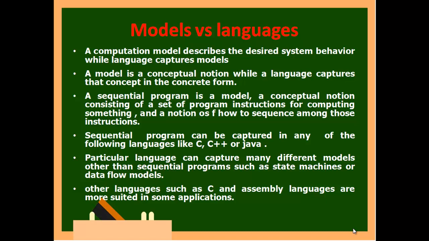So I think now you are clear about what a model is. We were saying model repeatedly. A model is something which explains how you are doing it, but not with respect to programs or instructions. All that will not be there. It just explains how you are going to do it without telling about any language.